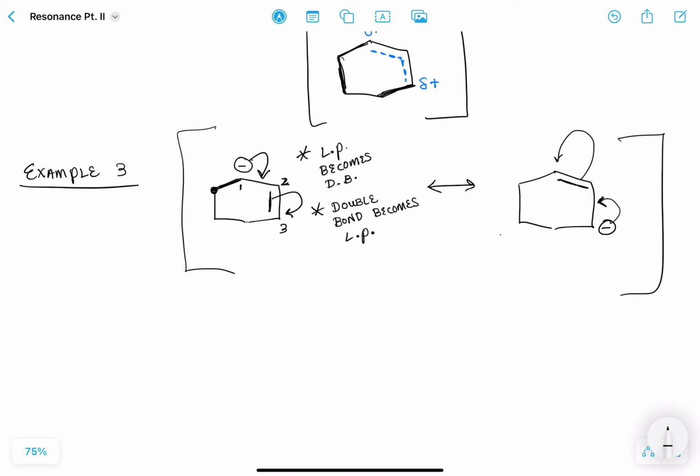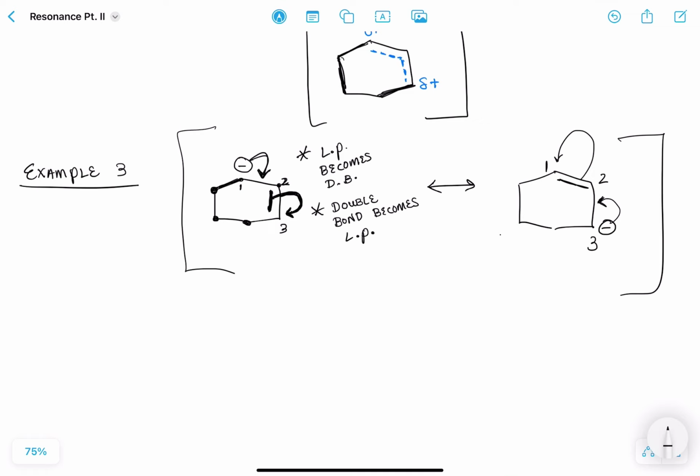There's a full octet and a full octet. We can't move into something with a full octet. We could move down here, because as we move into something, even though 2 currently has a full octet, the lone pair can get kicked out and we no longer have the full octet, so it can accommodate that double bond. And so the double bond becomes a lone pair on 3. So 1, 2, 3 over there.